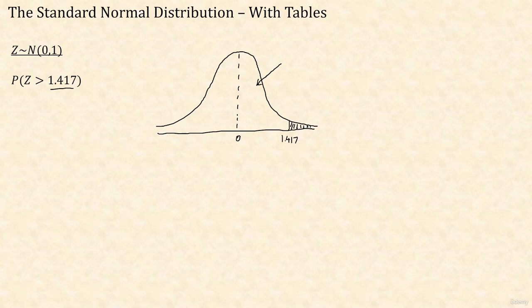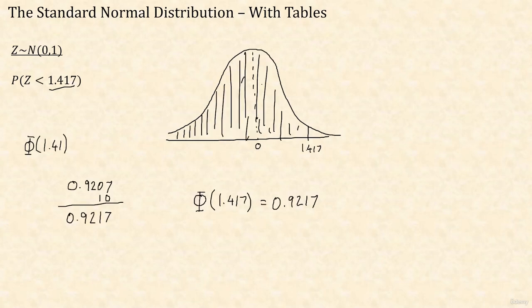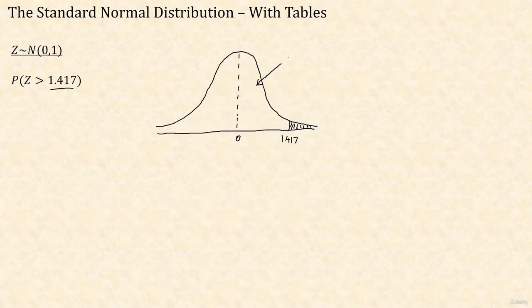We just worked it out. It was 0.9217. So this bit here is 0.9217. Now we can use the fact that the area under the normal distribution has to equal 1 because it's probability. Something has to happen. And so our area here is just 1 minus 0.9217.